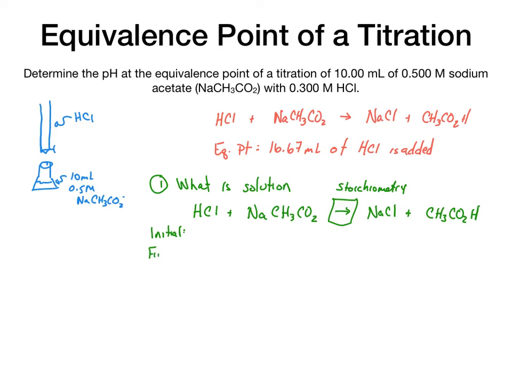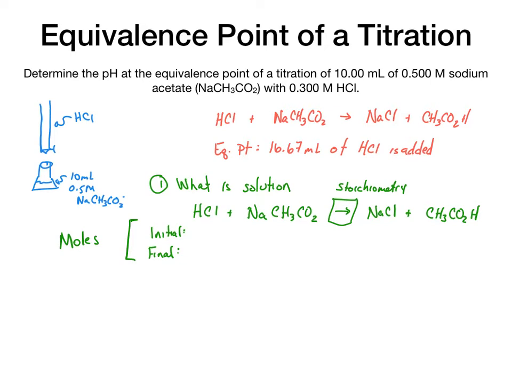My table for this one is initial, final. And I'm putting moles into this table. And so to do that, I have to convert my volumes and my concentrations to moles.